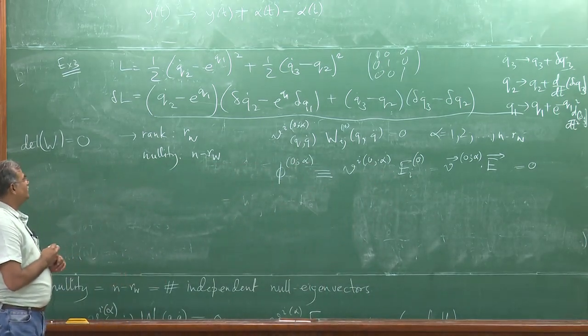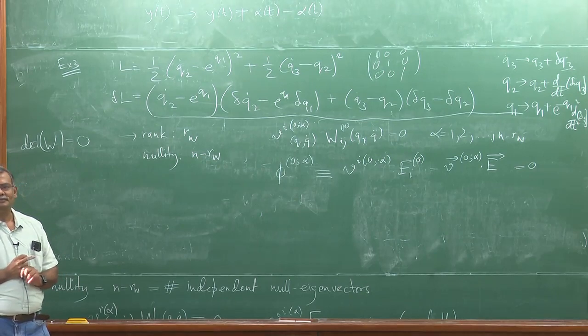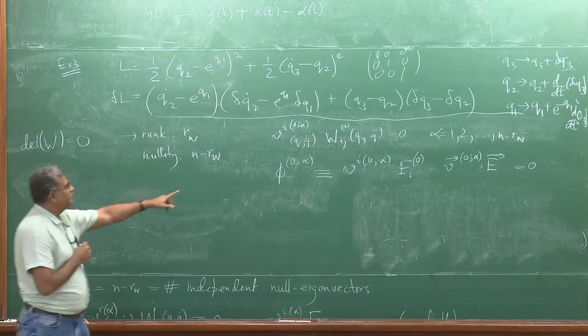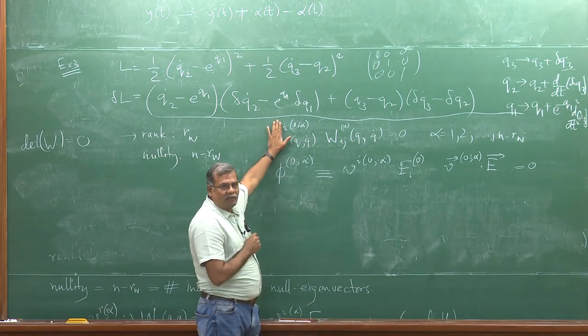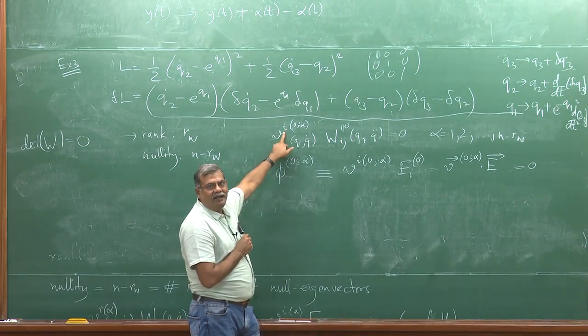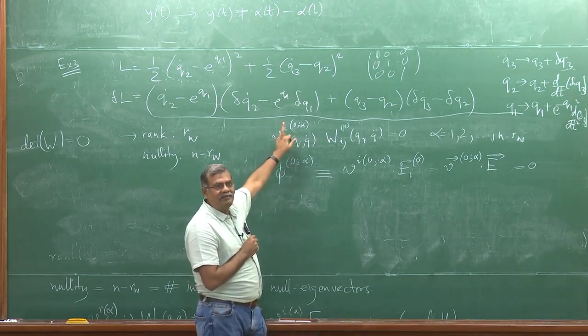But the important question is, how many constraints do we have here? Remember, each of these vectors, VI, the I of course is just a component. So, V vector has 0 comma alpha or semicolon alpha as indices. 0 just tells you that these are 0 generation, and alpha is the label.